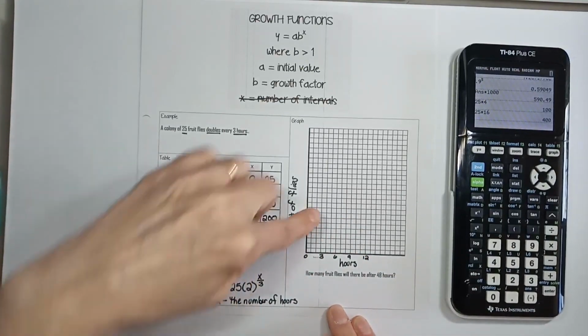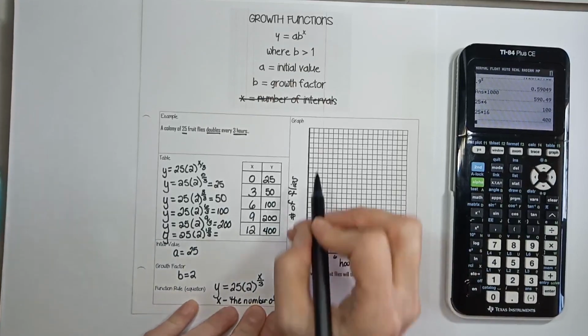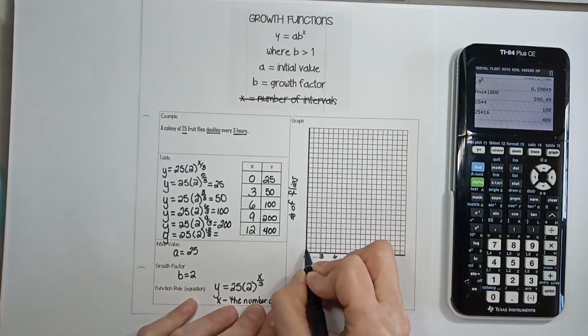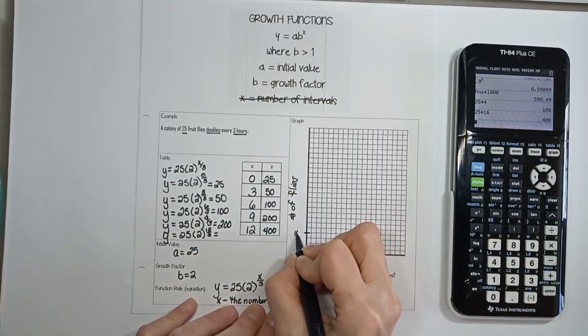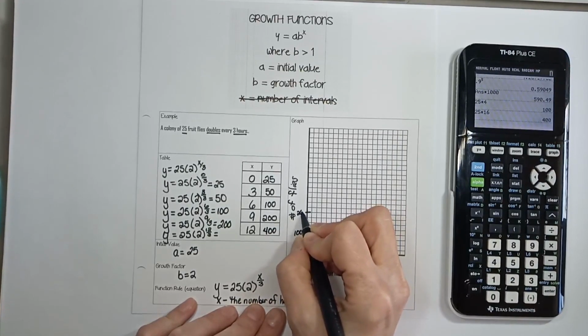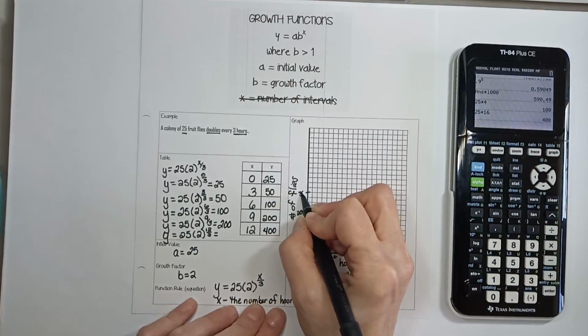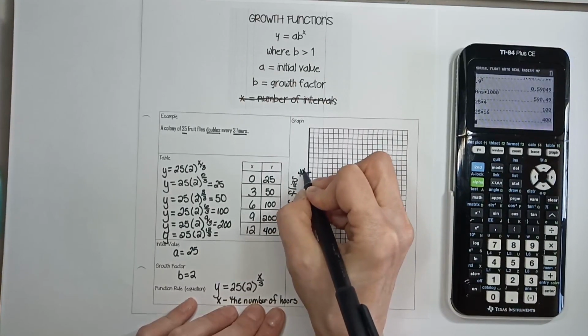Now, I know I'm going as high as 400 on this graph over here, so I'm going to go ahead and make this, we can count by 25, so every 4 will be 100. 100, 200, 300, and 400.